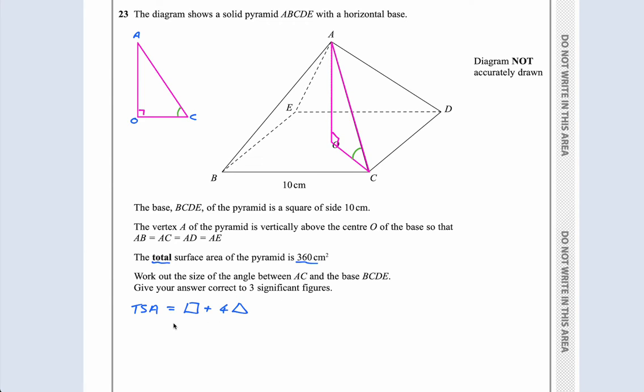That shows that you're thinking about what's happening. So I'm going to get the area of the square, 10 times 10, which is 100. Plus 4 times the area of these triangles. Now these triangles, guys, are not right angle triangles. So I'm just going to draw, okay, different color.